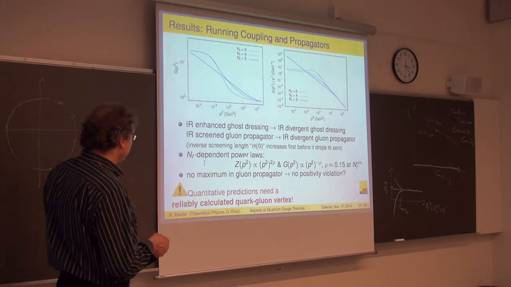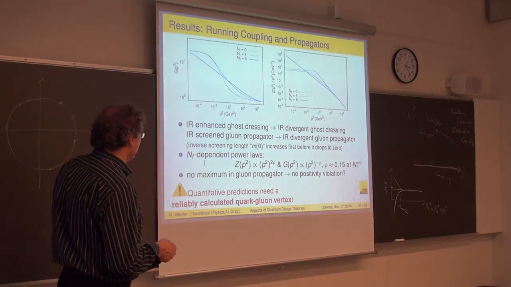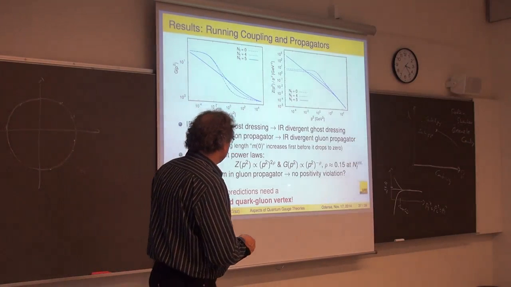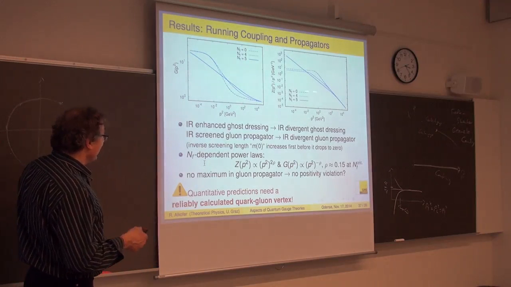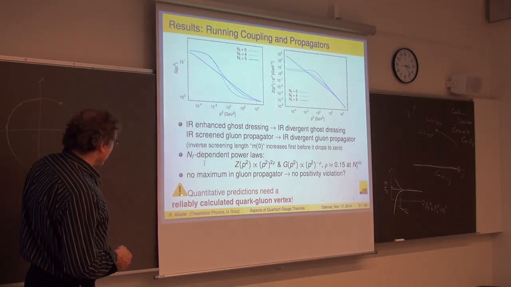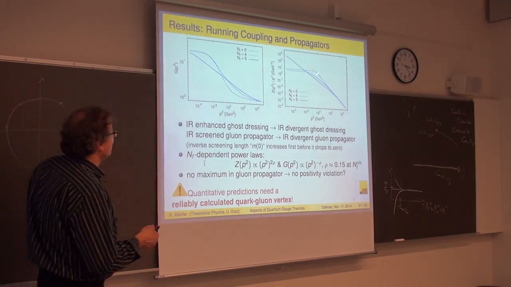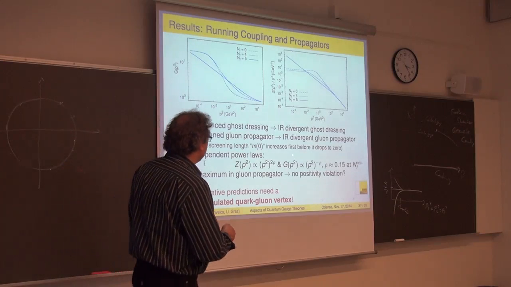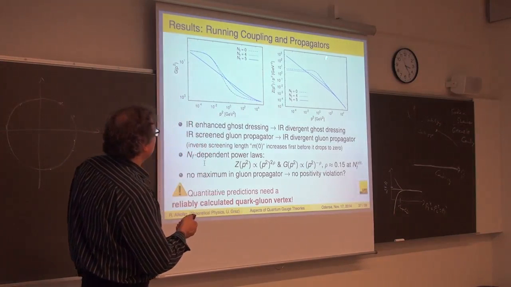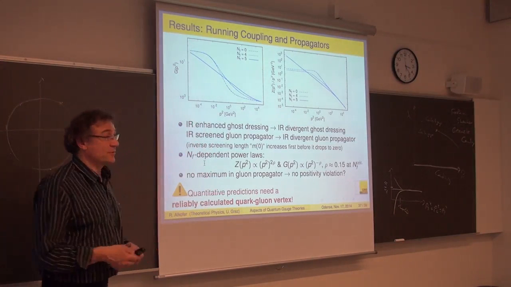We found an NF-dependent power law with very weak powers, and there is no maximum in the gluon propagator, which of course already tells us there is no positivity violation. But we didn't do too many calculations with this, because the quantitative predictions would need a calculated quark-gluon vertex. This is what we learned here, but it tells us already that the naive idea that I extrapolate QCD lattice calculations to find out where the conformal window sits is a bad idea.